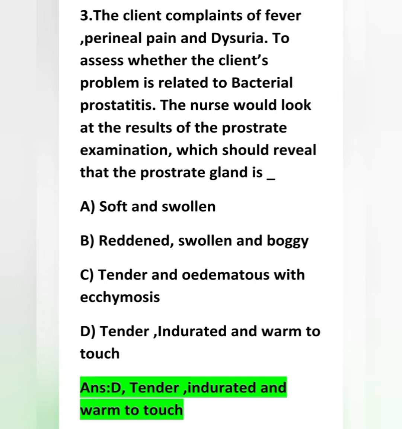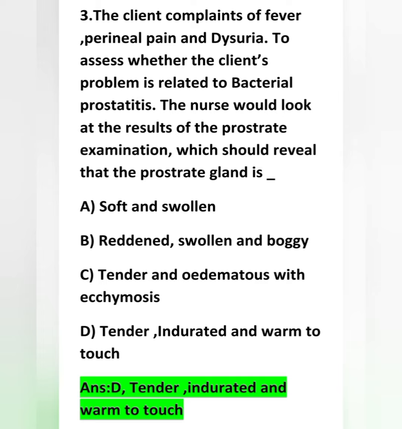Systemic symptoms include fever, chills, and perineal and low back pain, and signs of urinary tract infection can also occur. So here, option D, tender, indurated and warm to touch. If this is there in the examination result, the nurse can suspect that it is bacterial prostatitis.